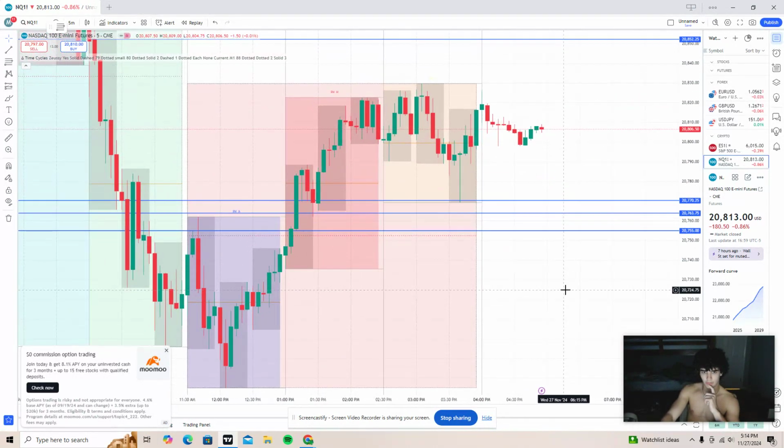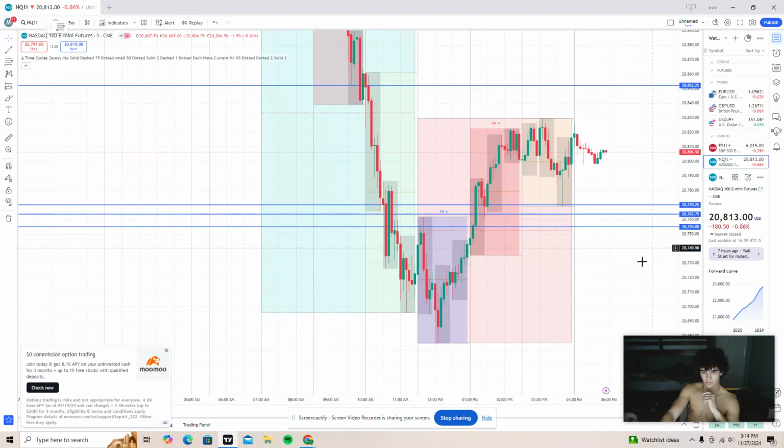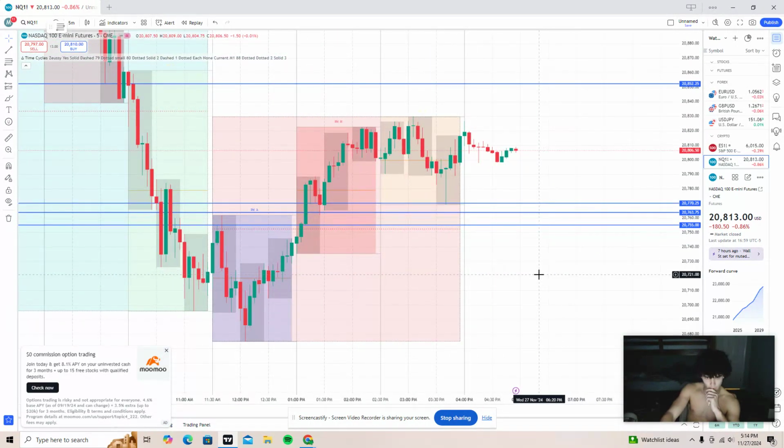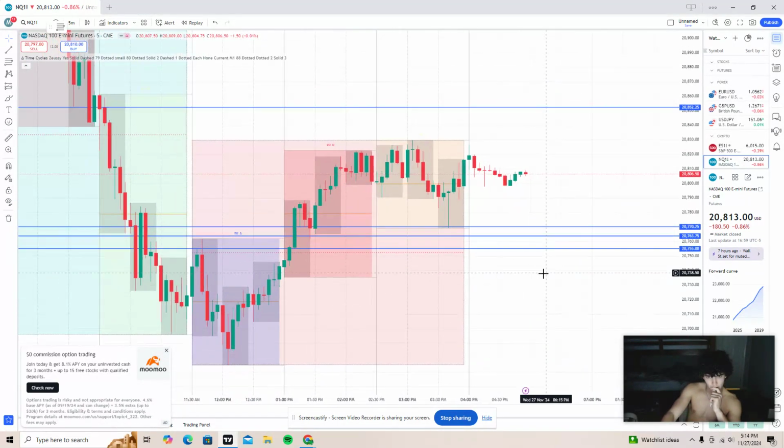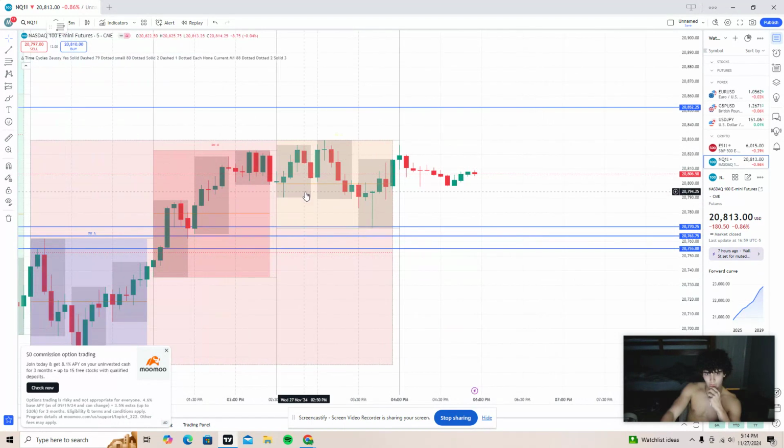I know the colors are weird, but this would be a 90-minute, and then this would be a 30, 30, 30, 30, and then this big one is the 270. But basically, once you have your first 30-minute cycle, there'll be a high of that cycle and a low of that cycle.